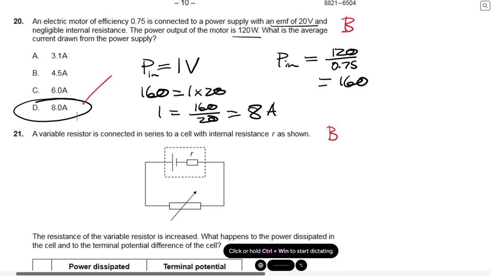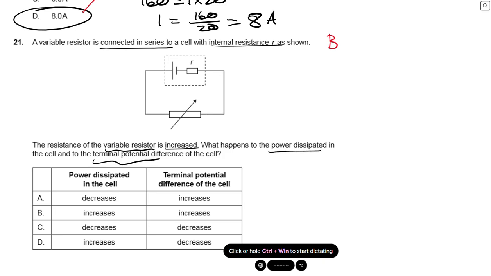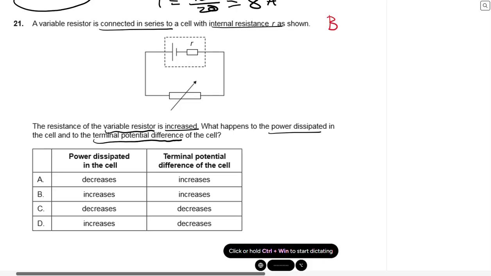Now we have a variable resistor connected in series to a cell with internal resistance r. The resistance of the variable resistor is increased. What happens to the power dissipated in the cell and to the terminal potential difference of the cell? So what we have is our formula: EMF is equal to IR plus Ir.